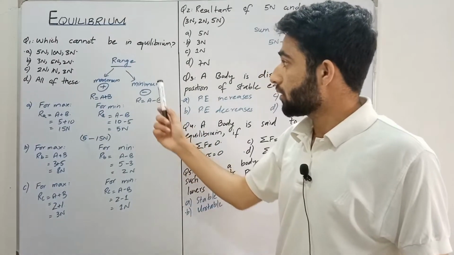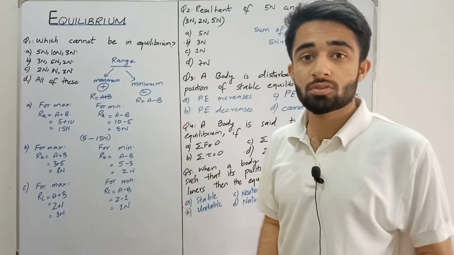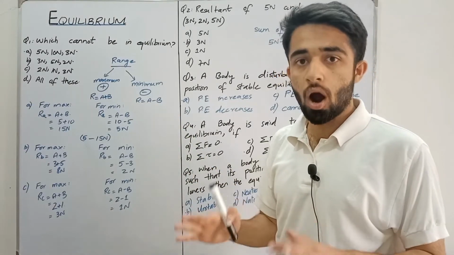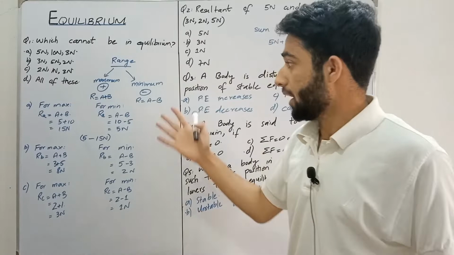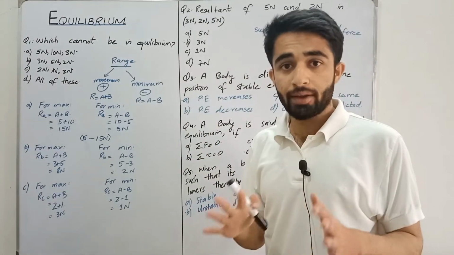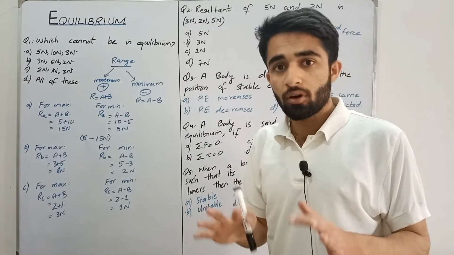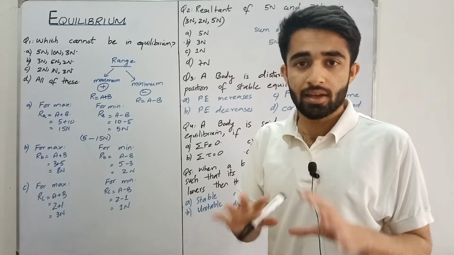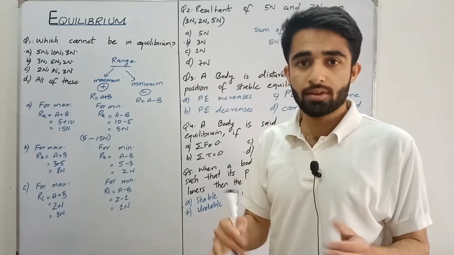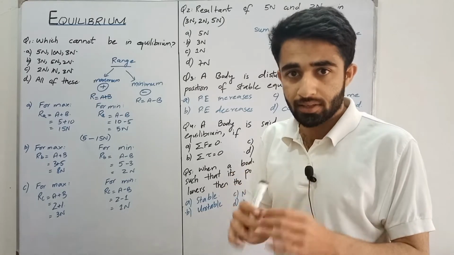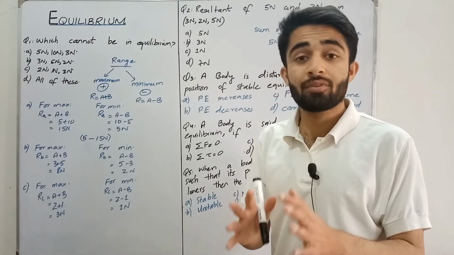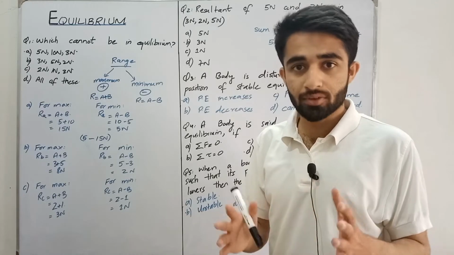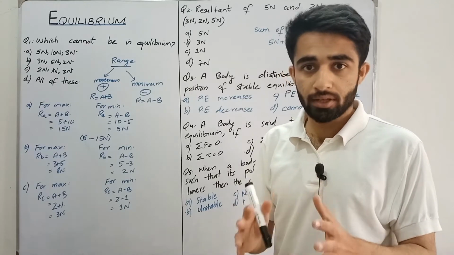For the minimum you have to subtract the two forces. By getting the range, if all three forces are present in the range and none are out of the range, it means that the set is in equilibrium. But if any of the forces is out of the range, it means that it is not in equilibrium.